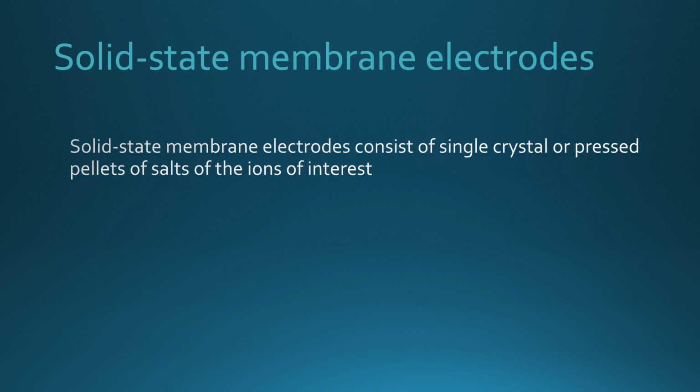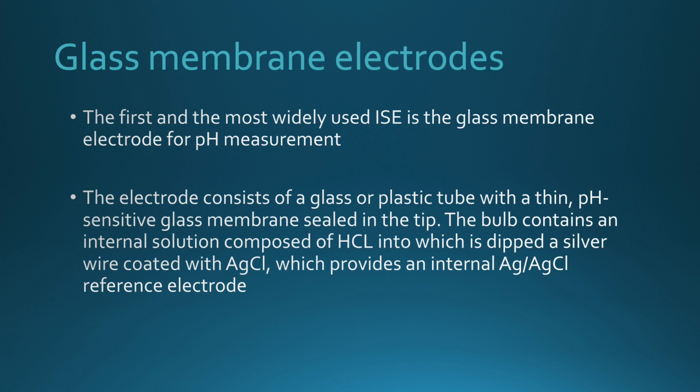On the other hand, the solid state membrane electrodes use single crystals or pressed pellets of a salt of the ion of interest. And the last membrane electrode is the glass membrane electrode. That was the first and the most widely used ion selective electrode, and it's used for pH measurement.